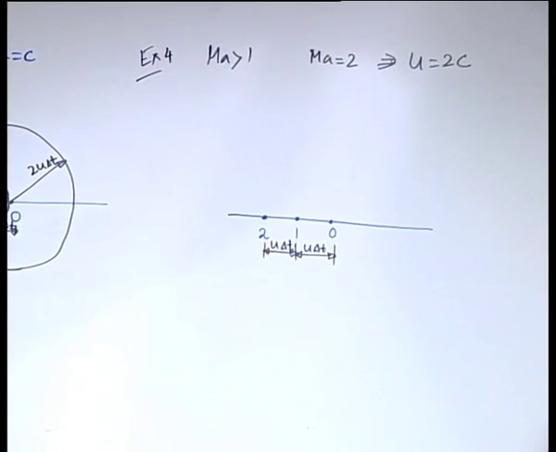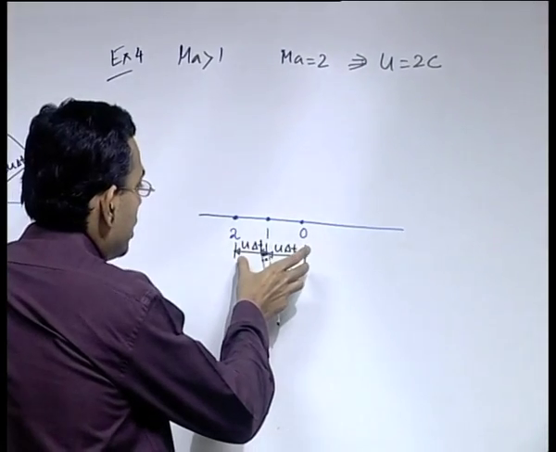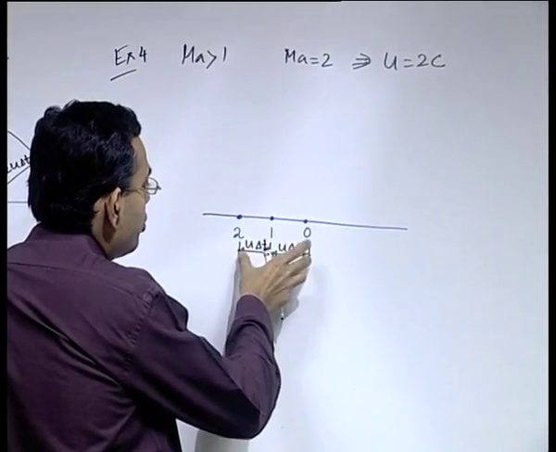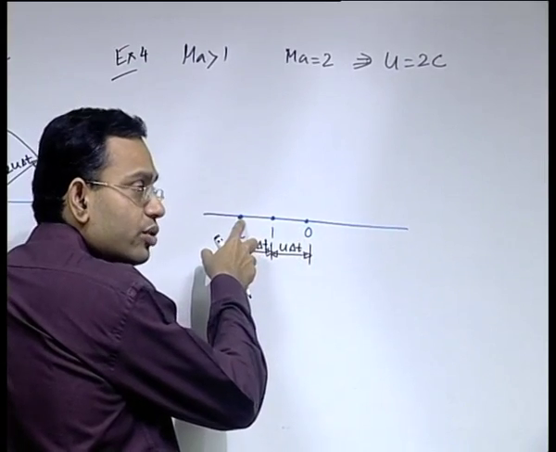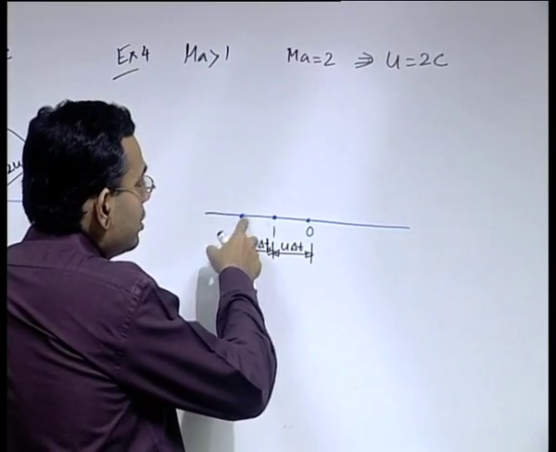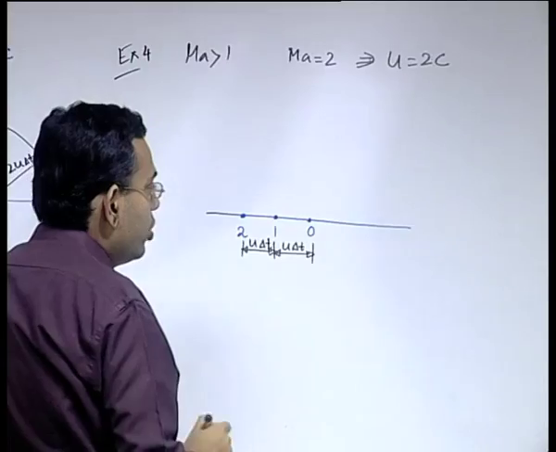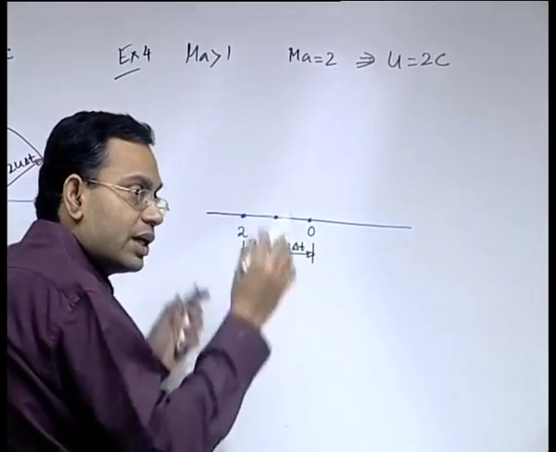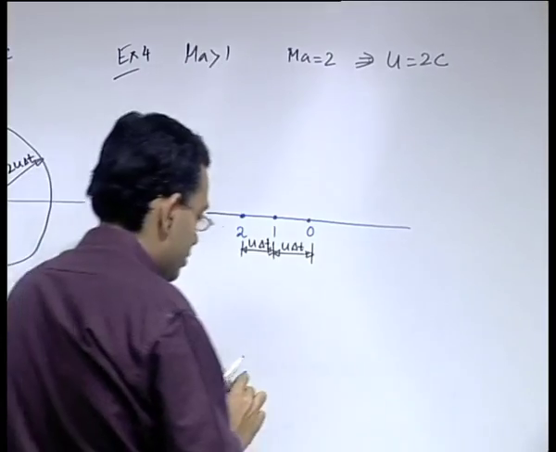So, by the time the source has come by 2 u delta t, what will be the corresponding u into delta t will be the corresponding propagation of the disturbance wave front.